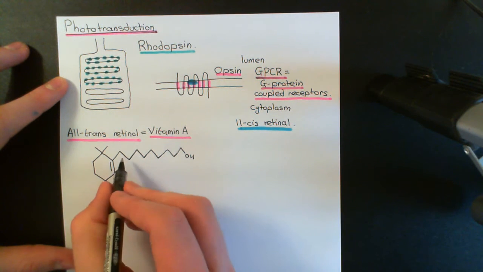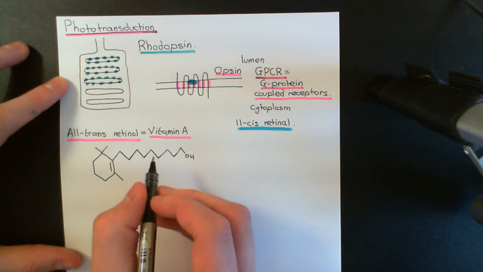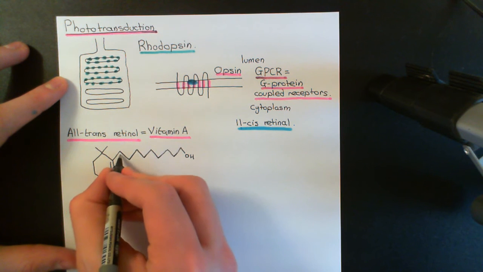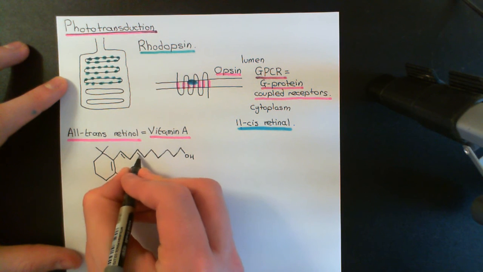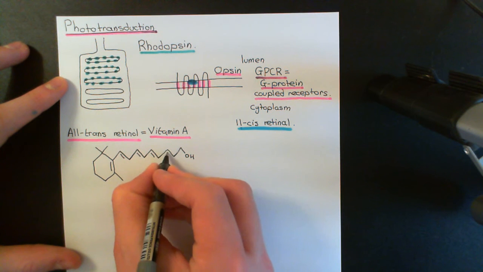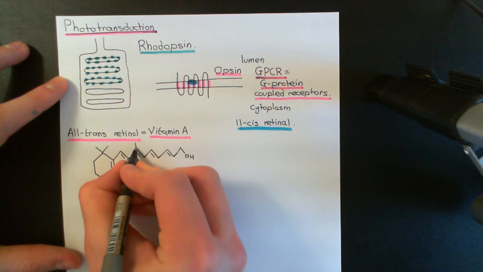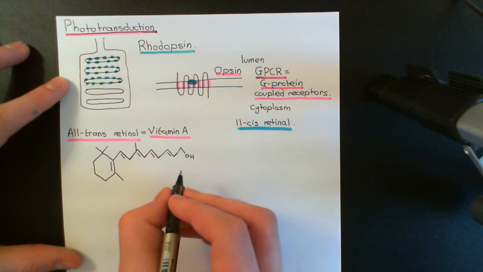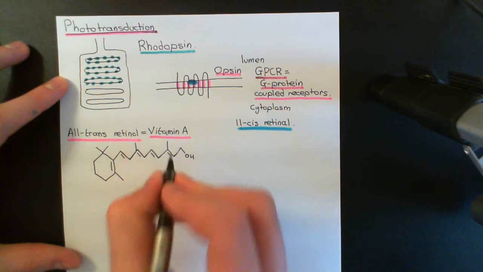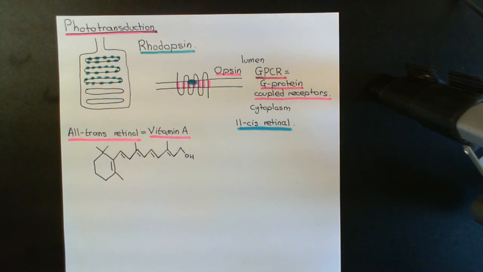In addition, on this side chain you have quite a few double bonds. It's specifically 4 double bonds. You have a double bond there, a double bond there, a double bond there, and a double bond there. And you also have some methyl groups coming off it. So 1 methyl group coming off there, and 1 methyl group coming off there. So I believe that now is the finished skeletal structure of all-trans retinol.